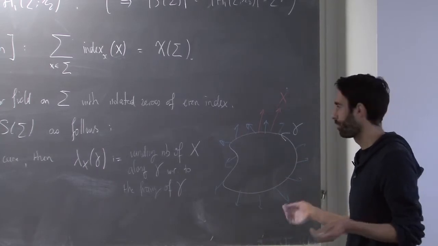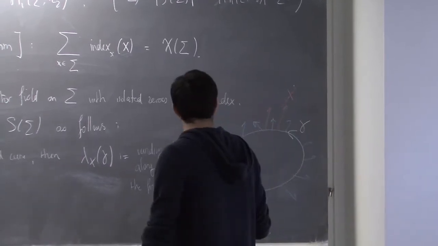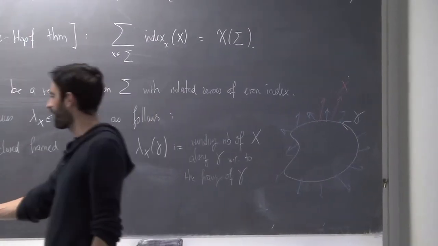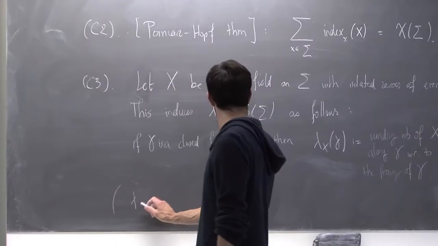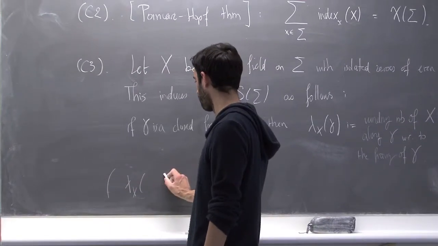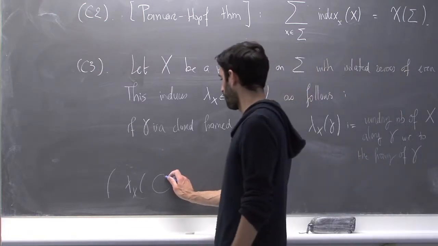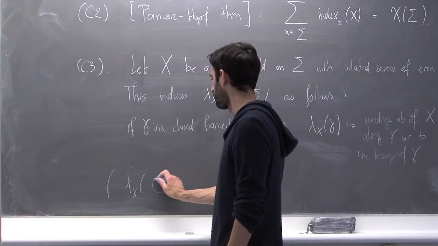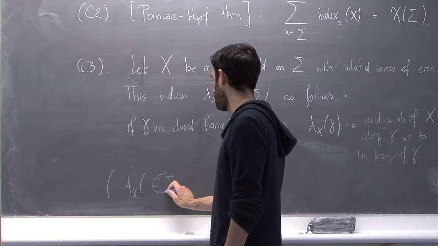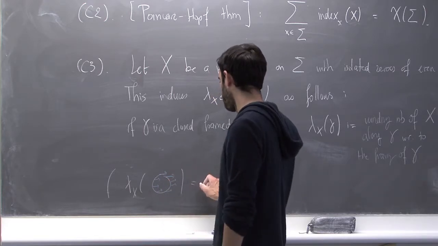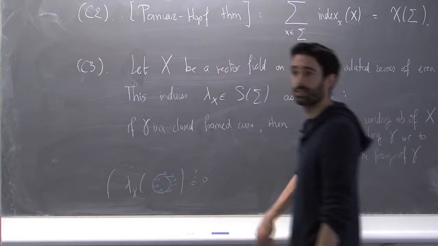Okay. And I just erased it here, but remember, we wanted that lambda x of this thing here should be 0, right? That was the second condition.